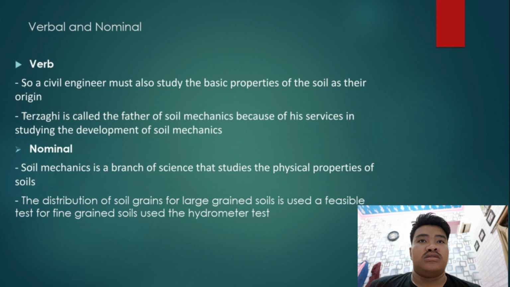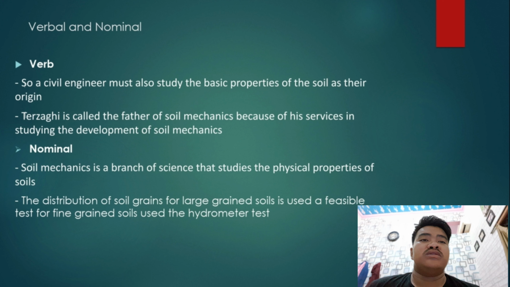Verbal and nominal. Verbal. So a civil engineer must also study the basic properties of the soil as their origin. Terzaghi is called the father of soil mechanics because of his service in studying the development of soil mechanics.